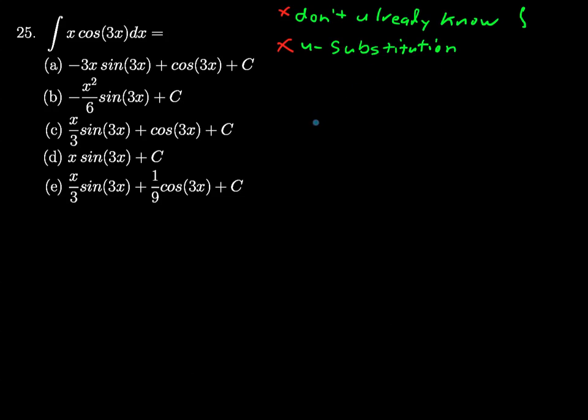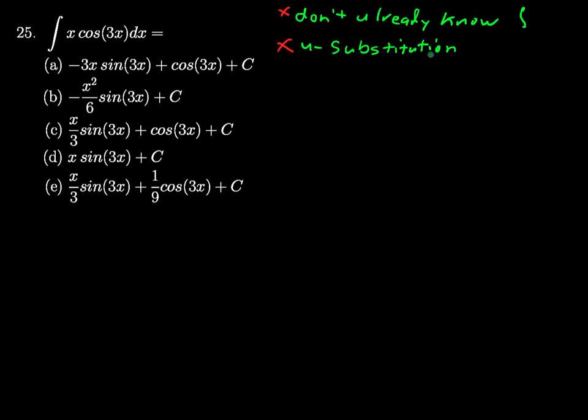Integration by parts. And we look at this now, and I have x cosine of 3x dx. And my integration by parts rule, let me try to get this nicely drawn with all sorts of colors.